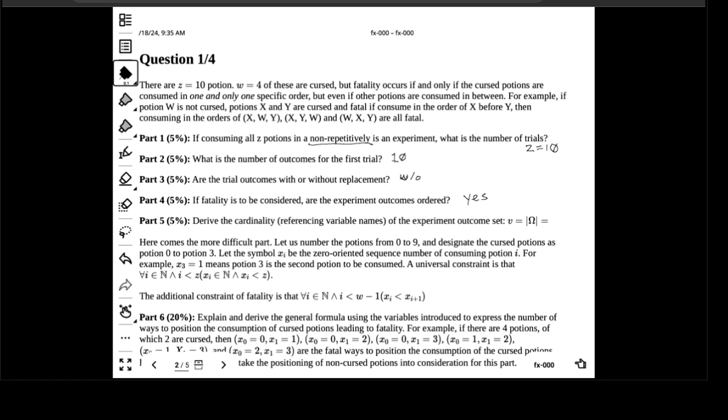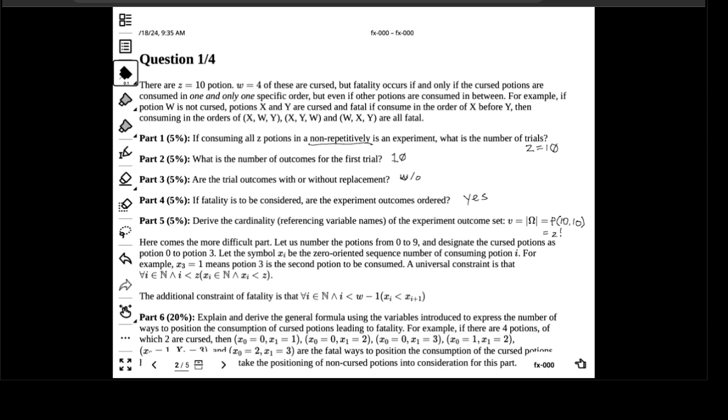That is the number of permutations of starting with 10 potions and choosing all 10 potions, which in this case is the same as z factorial.